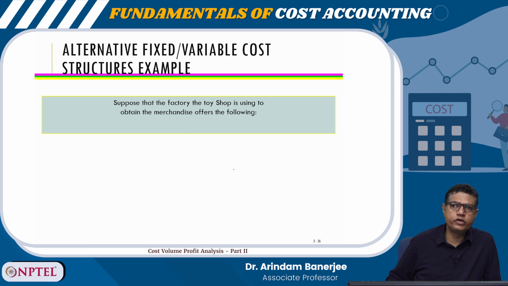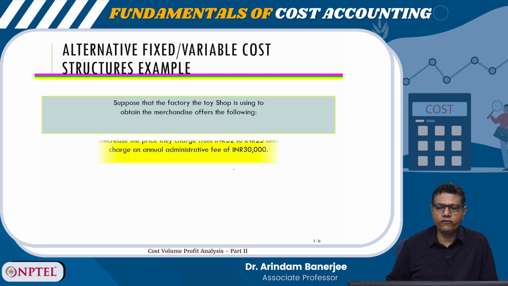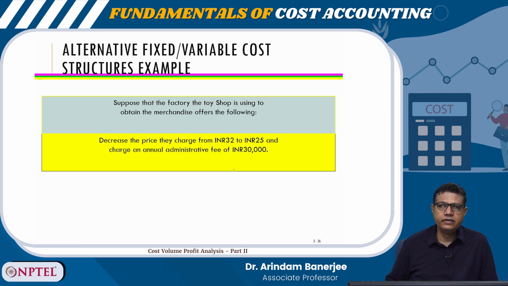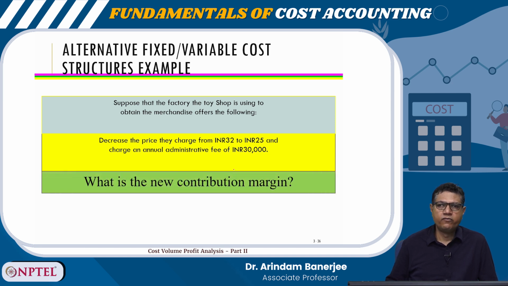Suppose that the factory, the toy shop, from which we obtain the merchandise offers the following: decrease the price they charge from INR 32 to INR 25 and charge an annual administrative fee of rupees 30,000. What is the new contribution margin?